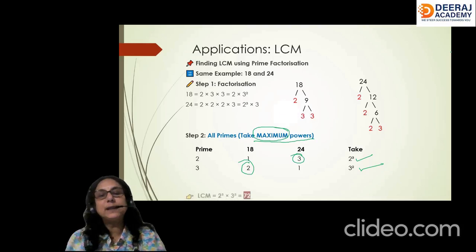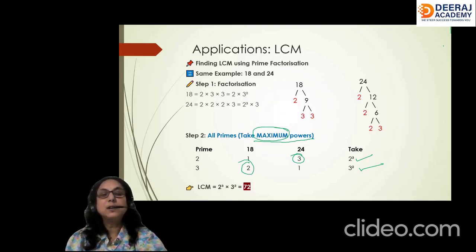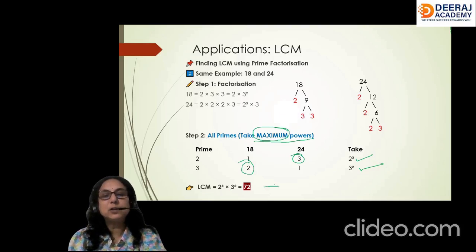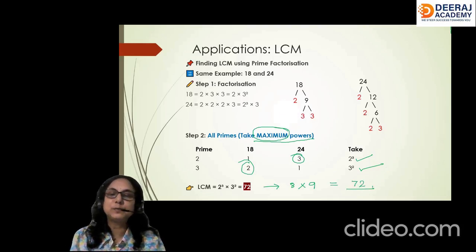So what would be our LCM? LCM will be 2 to the power 3 times 3 to the power 2. 2 to the power 3 is 8, and 3 square is 9. So 8 times 9 is equal to 72.